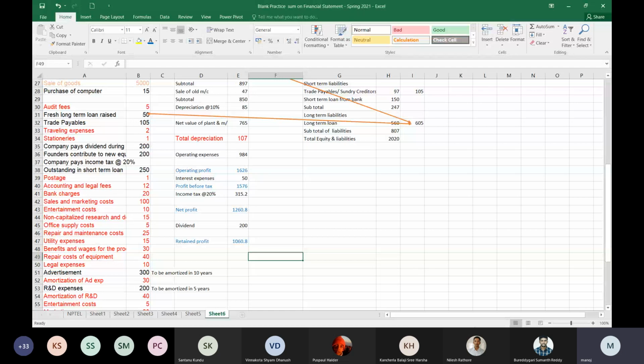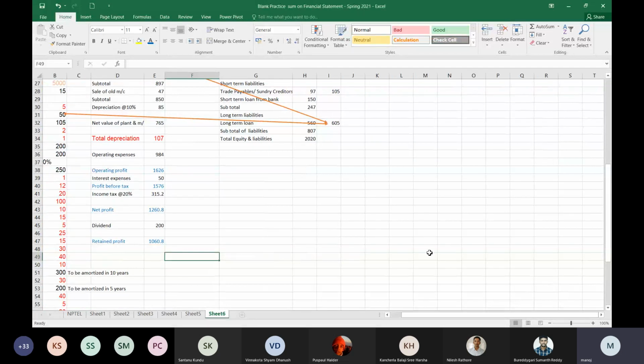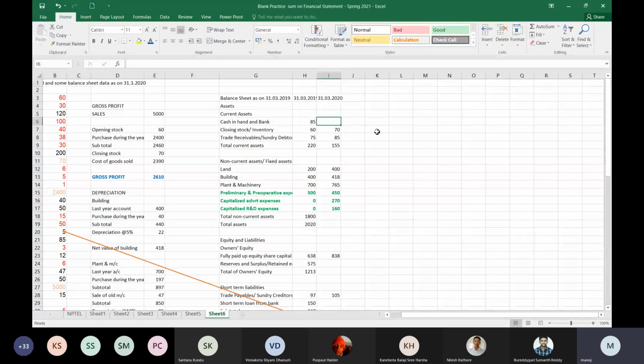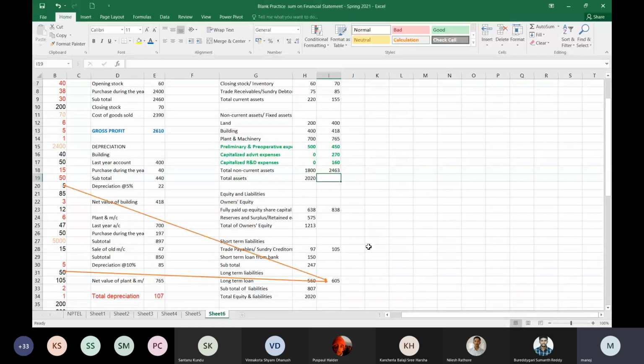So profit and loss account is done. Balance sheet is almost done. What is left is the cash in hand that will come from the cash flow statement. And this we can already do because everything is done. So just add them up. It becomes 2463, done. Equity and liability, we have already done.